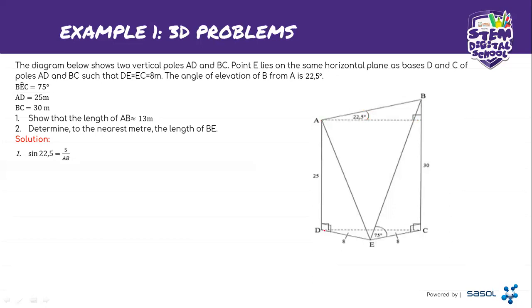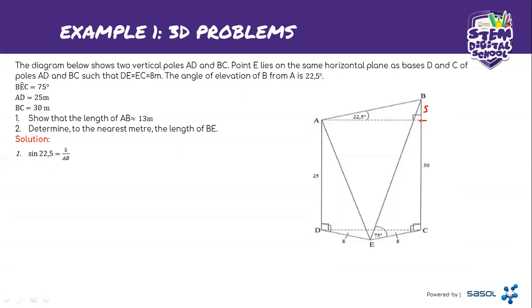AD is 25, and then we agree that from this point here to C is also 25, right? But now, since we are having the length of BC, which is 30, then we are going to say 30 minus 25, then it's going to give us 5. So this is going to be 5. Then you can see that in this triangle AB and this point here, it's a right-angled triangle. Then we can now use what?